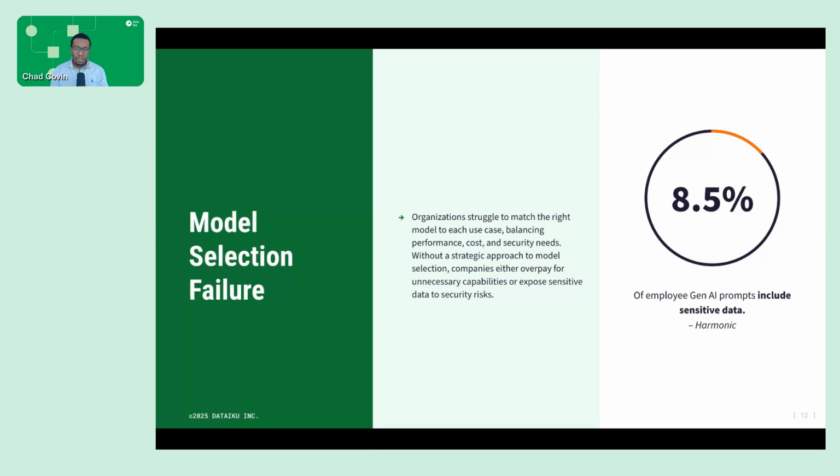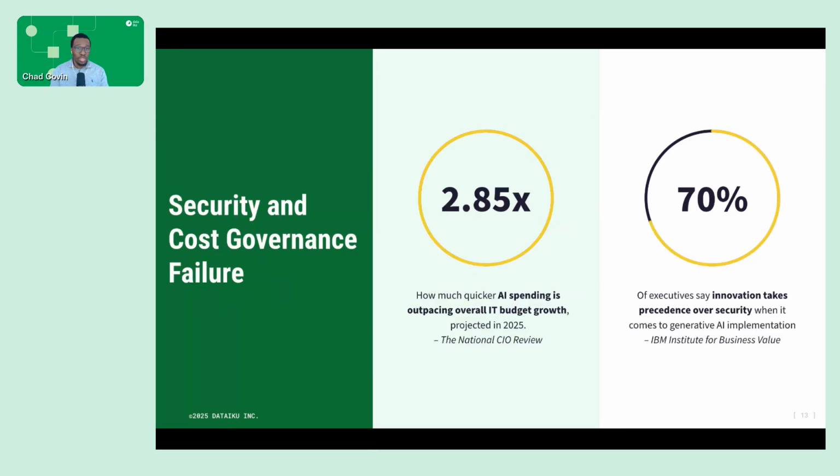And speaking of security, the third critical failure point, which really is the most dangerous of all, is security and cost governance failures. We are currently in an environment where AI spending is outpacing IT budgets by nearly 3 times, while about 70% of executives admit to prioritizing speed over security. So we're watching organizations really create that perfect storm.